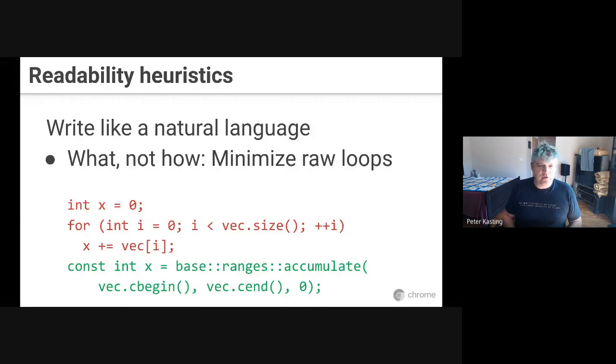When I read the first one in English form, I read it as something like, i goes from 0 to the biggest thing in vec, and x adds up every element that i points to. Okay, x is summing the things in vec. And then when I read the second one as English, I say x is accumulating vec. Oh, and that's a lot shorter.